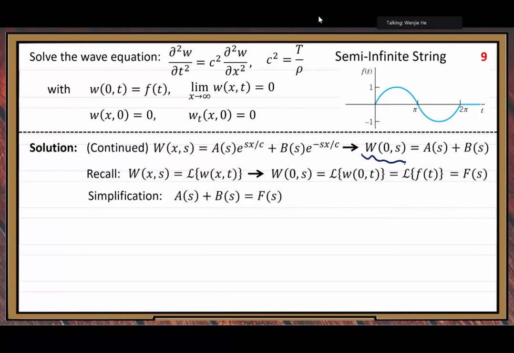We need two equations. But we haven't used the right end condition yet. If we apply the Laplace transform to the right end condition, can we get a second equation about the capital A and capital B functions? So we need to apply the Laplace transform to the right end condition.